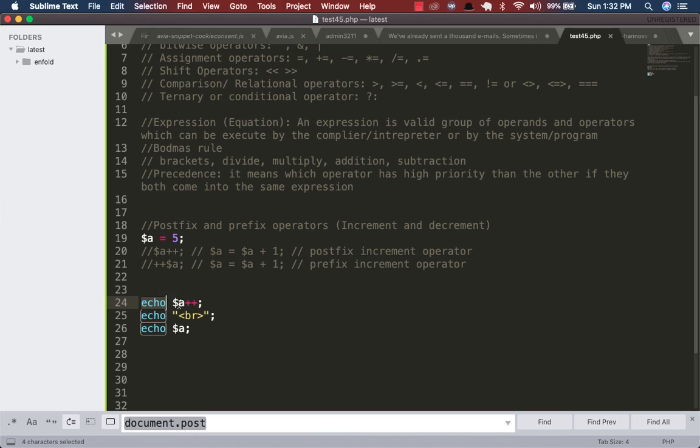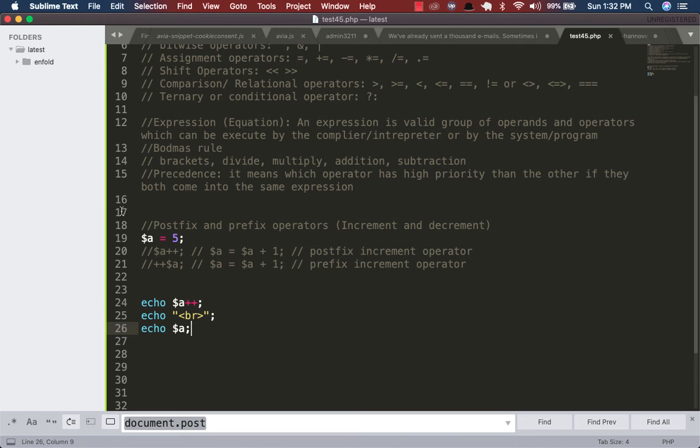After that $a is incremented, so it becomes 6. Next we print a break, and the next echo $a shows the value 6.